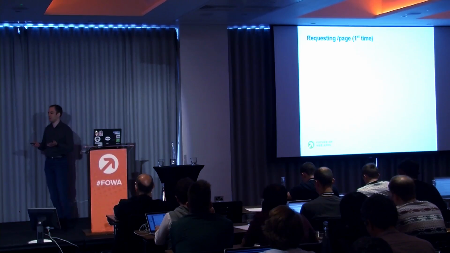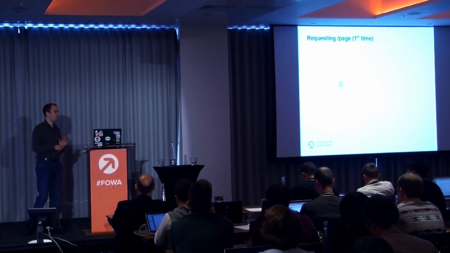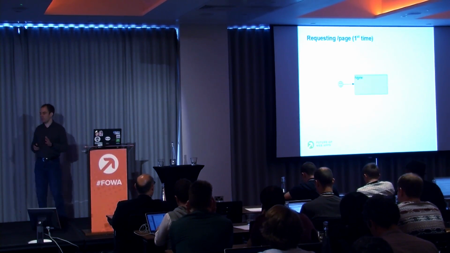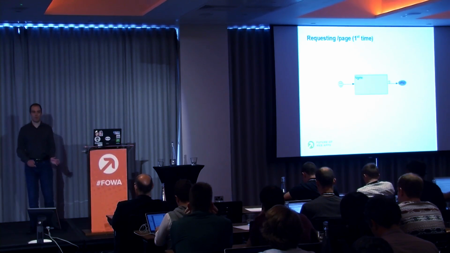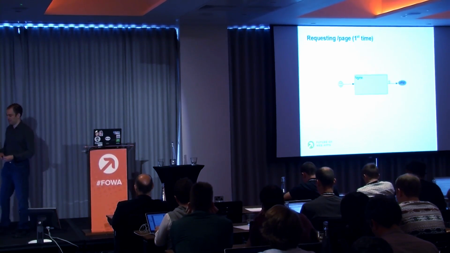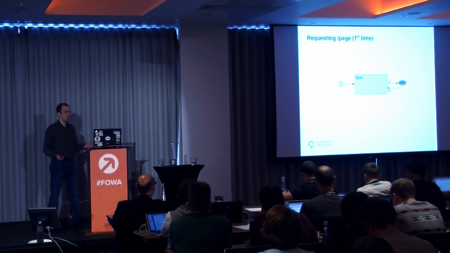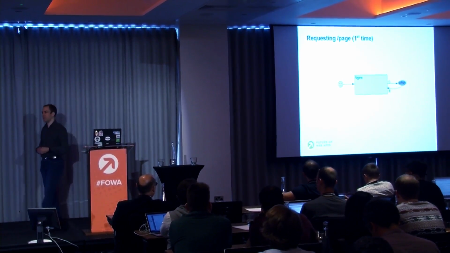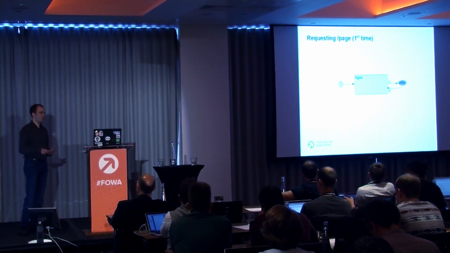So imagine you request /page for the very first time. Our cache is empty, there's nothing in there. Our user calls Nginx and says, give me /page. Nginx will say, I don't know /page. I have no recollection of ever having seen that. It's going to request whatever language you're running. And the language is going to return a page containing ESI, or in our case, Slick blocks, which are very similar.